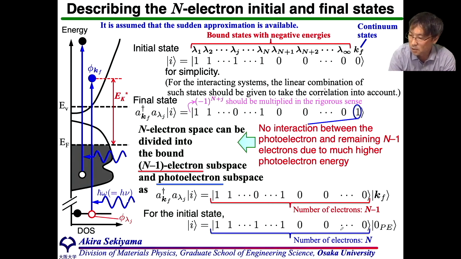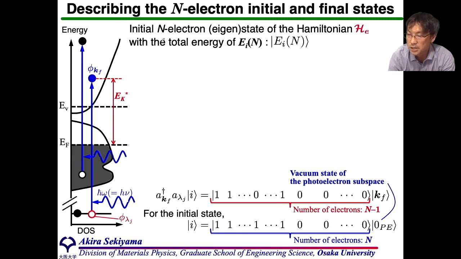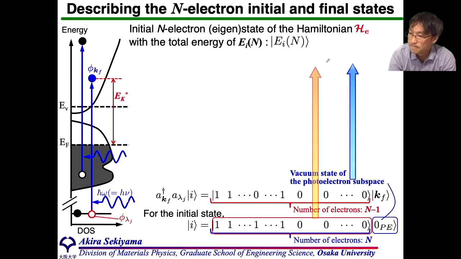Of course, the number of electrons in the bound state is N. In the initial state, the number of electrons is N. This is an eigenstate of the Hamiltonian H_e with a total energy of E_I. I defined the corresponding state as this formulation. Therefore, this state is equivalent to the direct product of this state and the vacuum state of the photoelectron subspace.